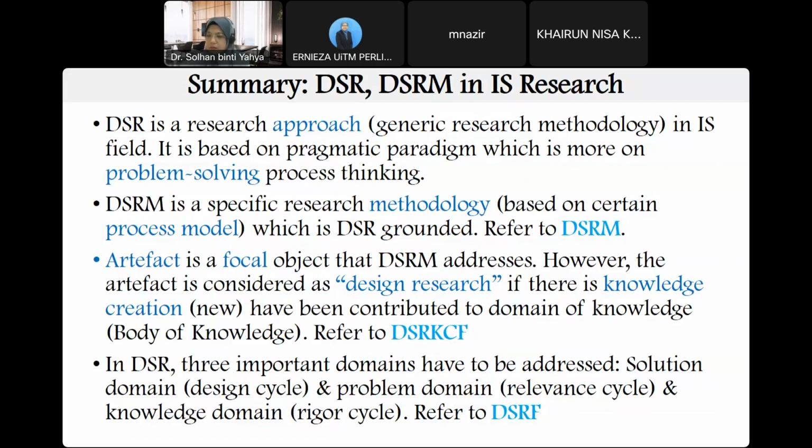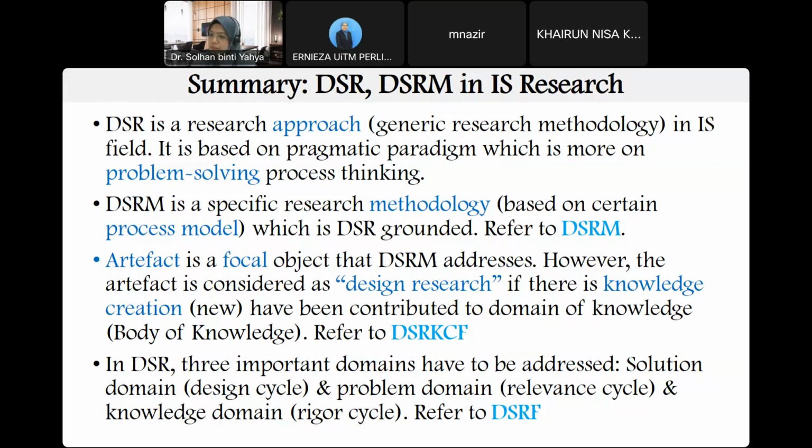And in design science research in general, your thesis must be able to highlight the 3 cycles. The first one is the problem domain, the relevance cycle, how your research problem is triggered. Not necessarily from literature, it can also come from the surrounding environment.